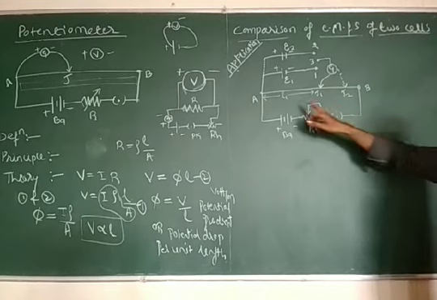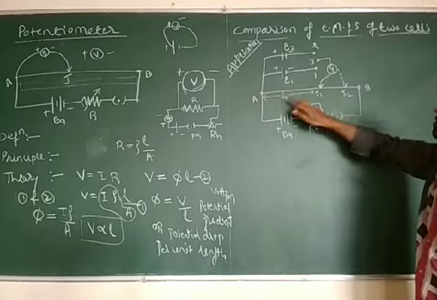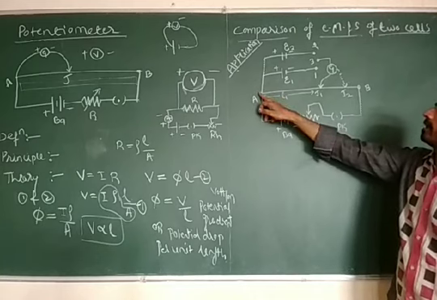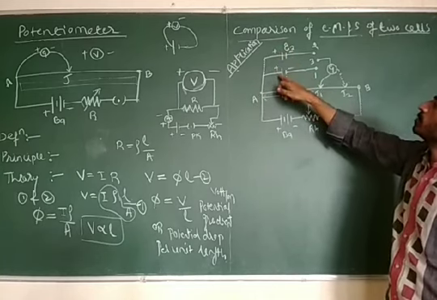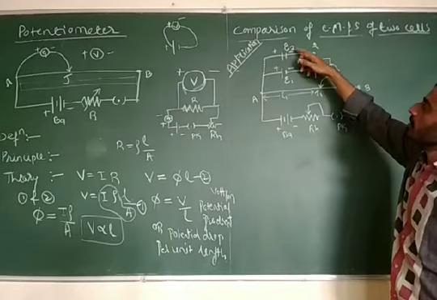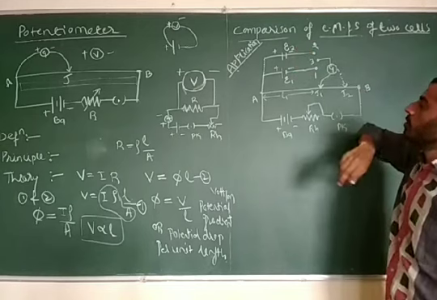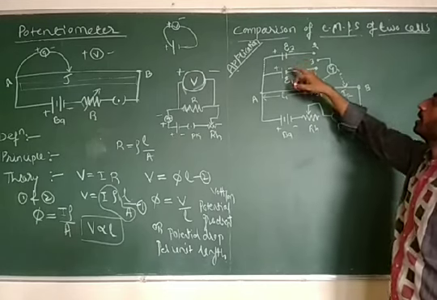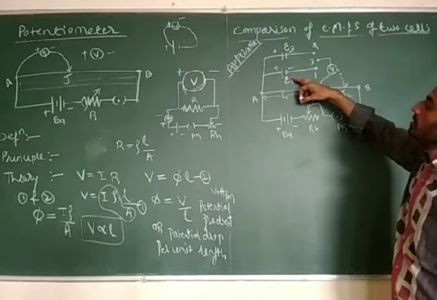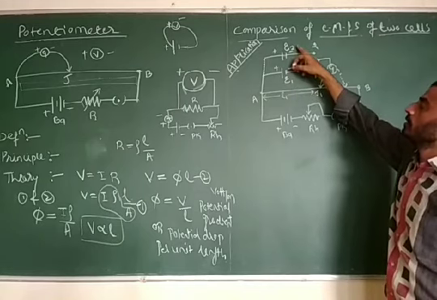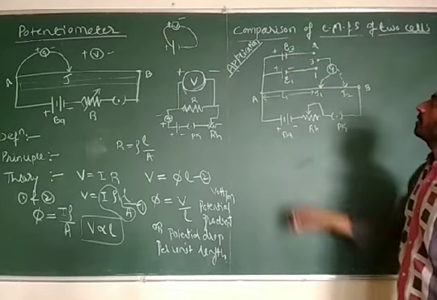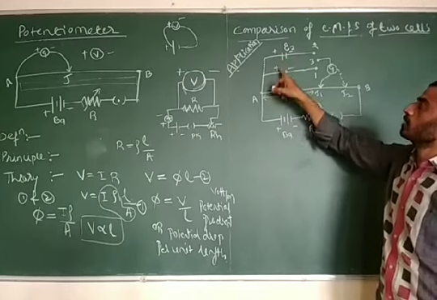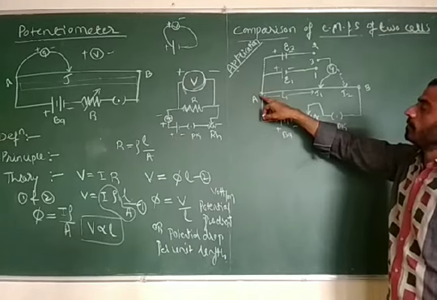The potentiometer includes a stretched wire AB on a wooden board, and at the end A, the positive terminals of the 2 cells, E1 and E2, whose EMFs have to be compared, are connected.